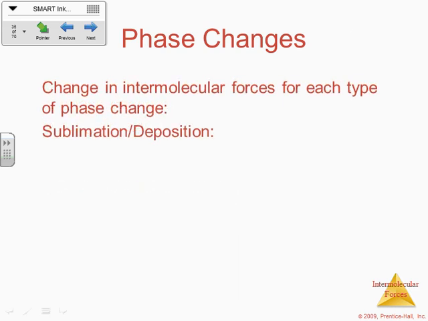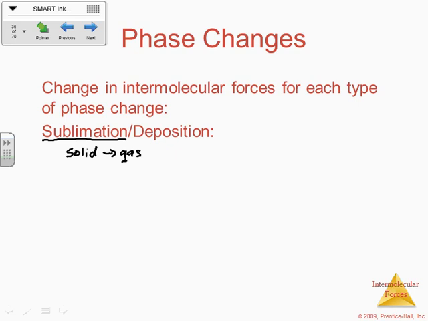All right, sublimation and deposition. All that's happening there is, and again, for sublimation, that's the one that we'll focus on here, the gas, or sorry, not a liquid either. Solid to gas, that's sublimation.